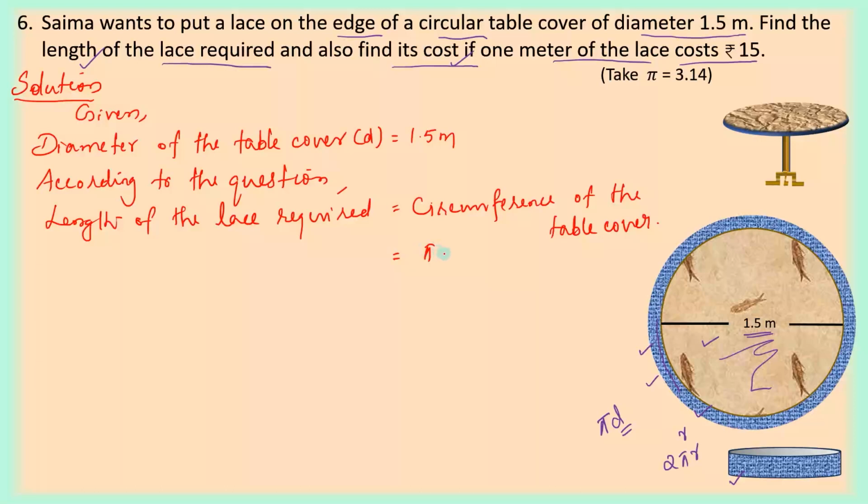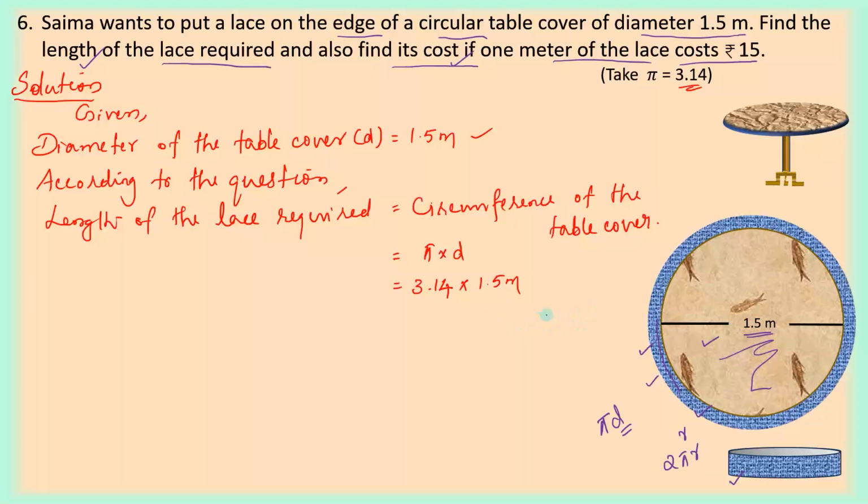It is pi d or pi into d, that is equal to, here pi is given 3.14, that is 3.14 into diameter is 1.5 meter, that is 1.5 meter.